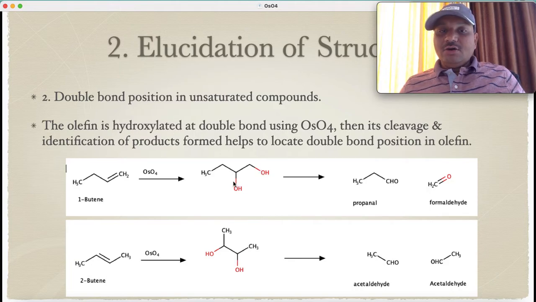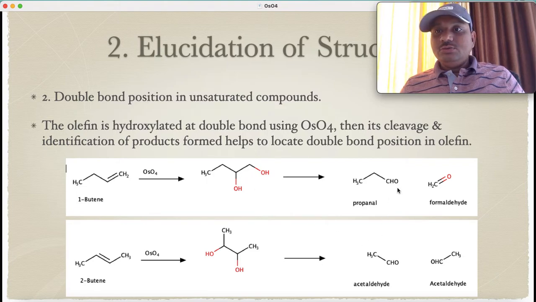Further, on cleavage of this bond, we get two products: one is propanal, another is formaldehyde. It means that the double bond is at the terminal carbon, between carbons 1 and 2. That's why we get propanal and formaldehyde.